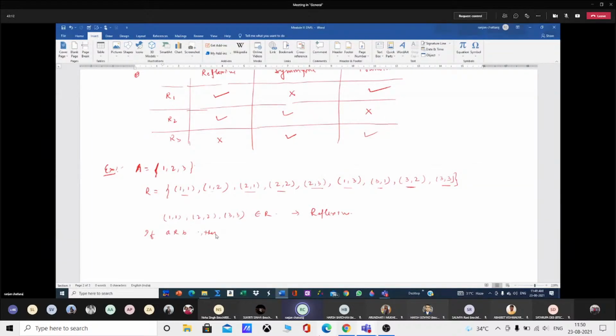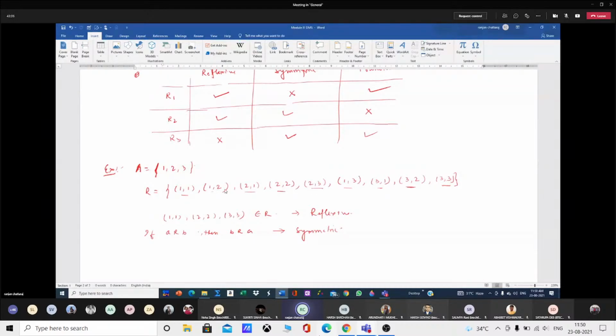And transitive. 1 2 is here. Leave it. 2 1, 1 1 is here. Okay. 1 2 is here, 1 3 is here. Take only the first entry 1 and check.